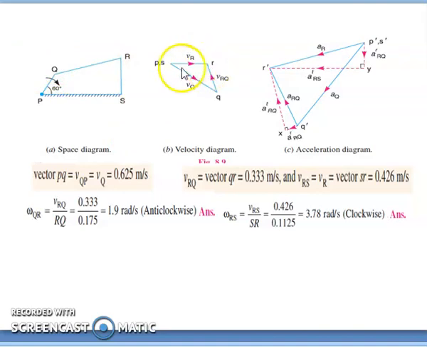So from P, draw a line perpendicular to PQ in the downward direction, representing the velocity VQ. We have already found the velocity of QP, which is equal to 0.625 meter per second. So you draw a line representing PQ, with magnitude 0.625 to some suitable scale.